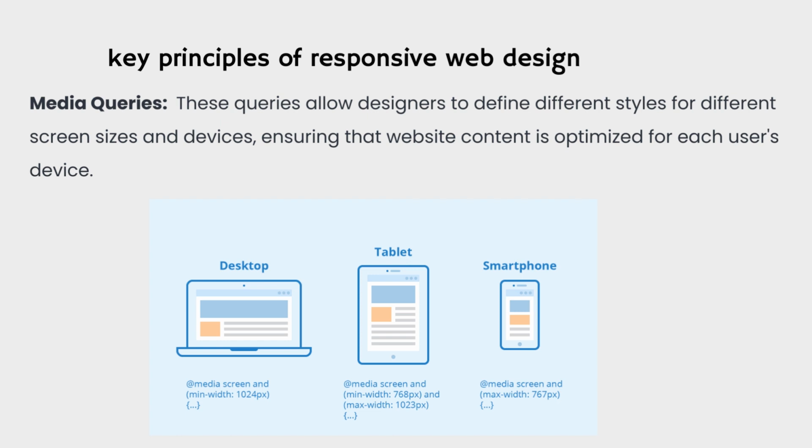So we want to let the browser use different media for each device, right? We want the browser to use different content for each device, and we want the browser to use content that best fits the device that is being used to access our website.